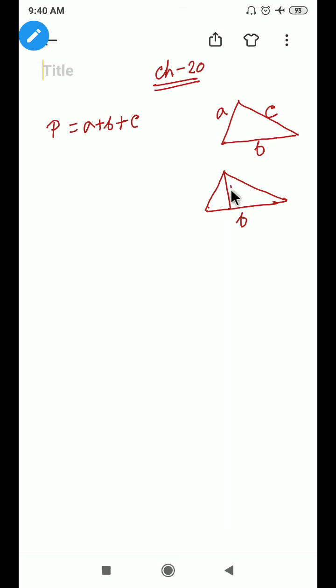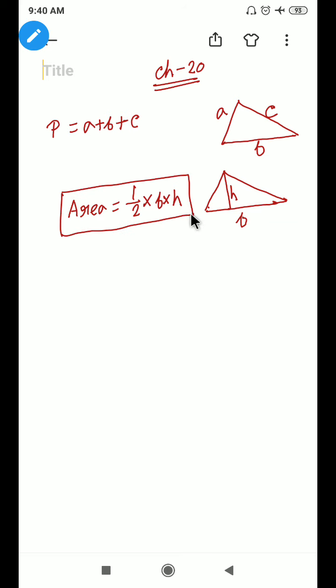If you know the base and height, then you can easily find the area. What is the formula? Area is equal to half into base into height. This is the basic formula of finding the area of a triangle.